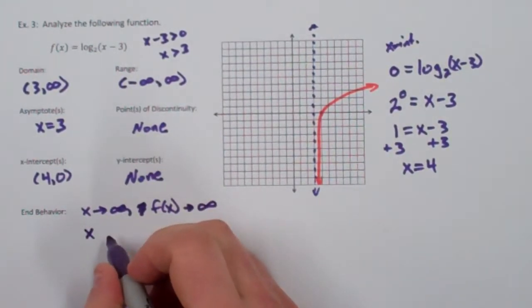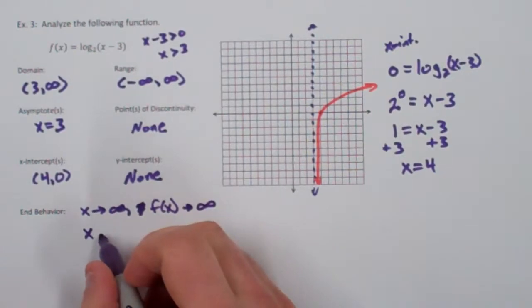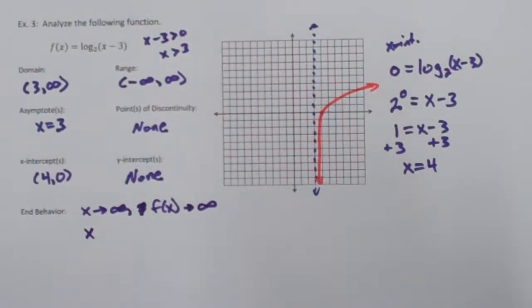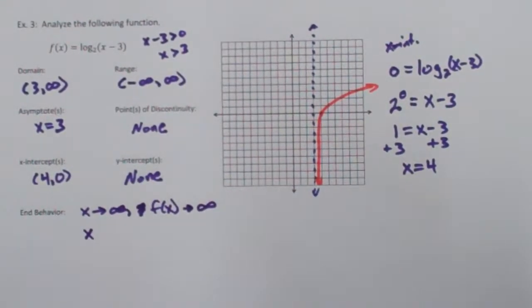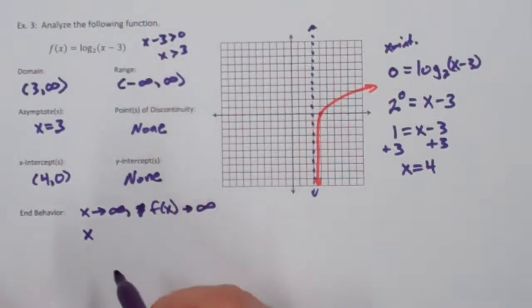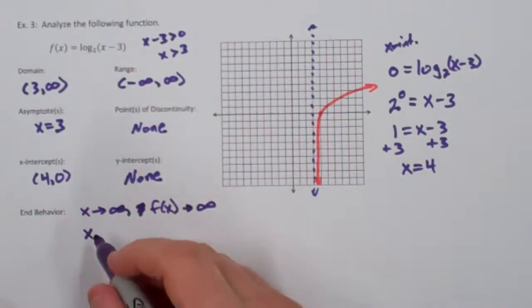As x approaches negative infinity, this graph actually will not exist towards negative infinity. So there is no left-hand end behavior.